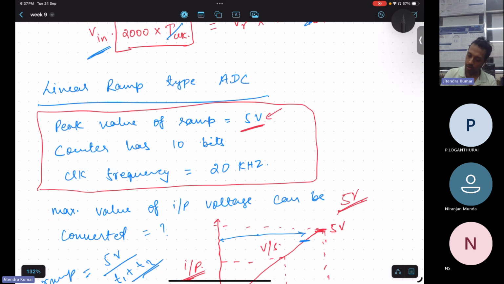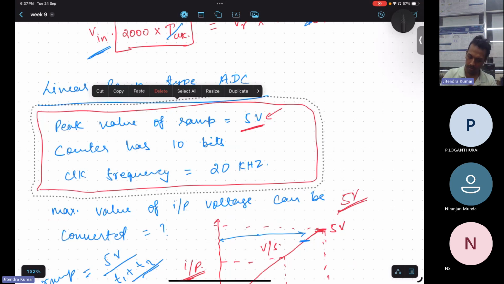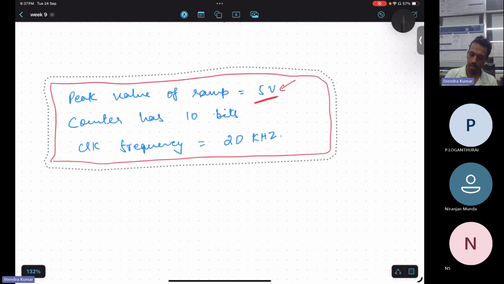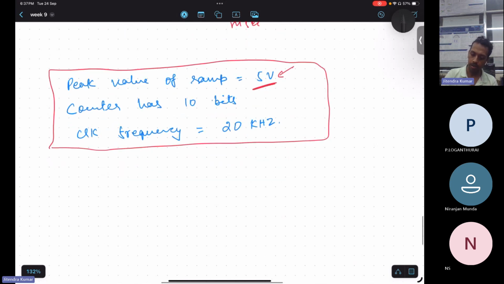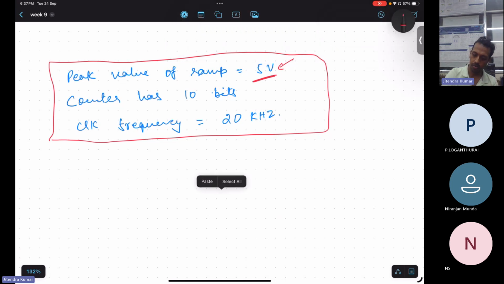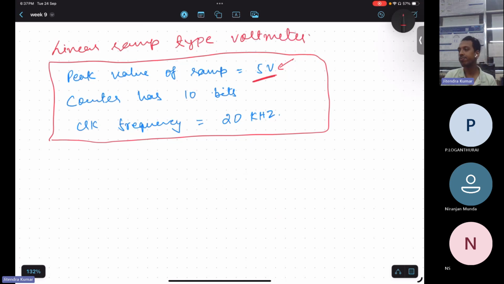Please let me know how much the resolution of this linear ramp type voltmeter will be. How to calculate?